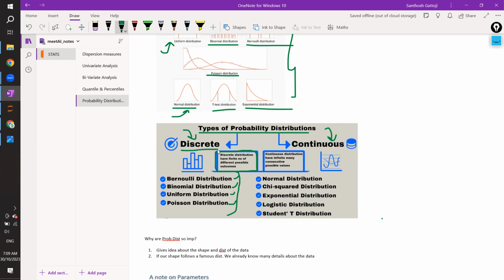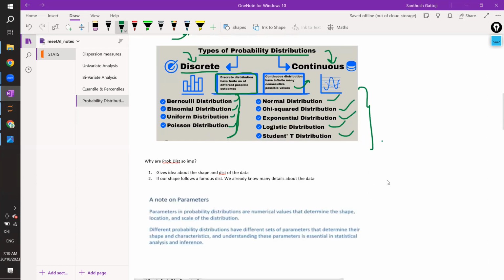The moment you hear discrete, you should think that in this random experiment or distribution there are a fixed or countable number of values available. But if you see the continuous, in a continuous distribution function, you may have infinitely many consecutive possible values. You have an infinite number of values. Normal distribution, chi-square distribution, exponential, logistic, student t distribution, etc. Okay, fine. So these are the different types of distribution.